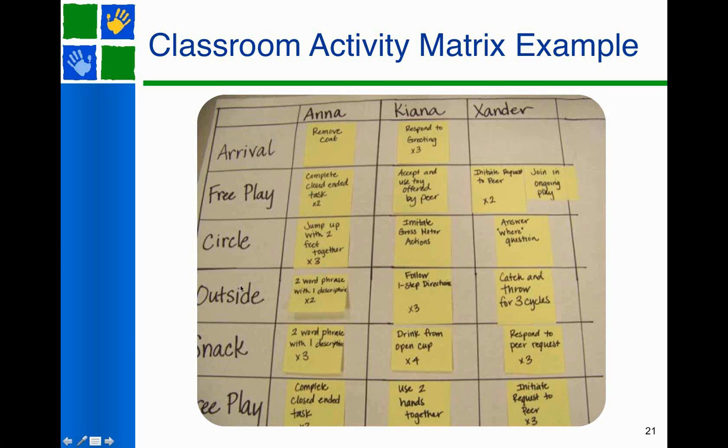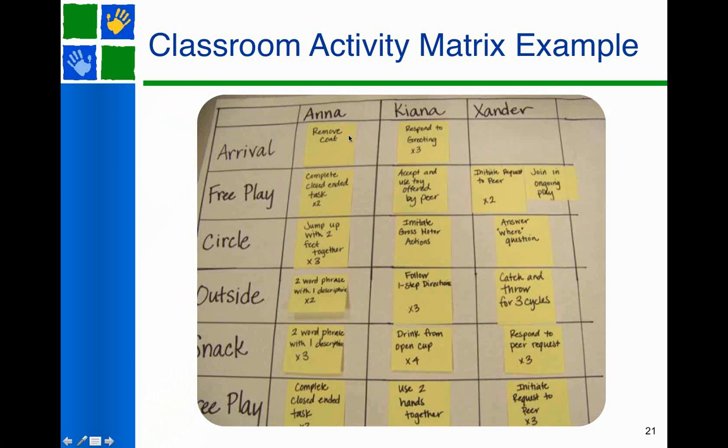So for Anna, for example, we see that on an outside play, she's working on using 2-word phrases, and one of those words in the phrase should be a descriptive word. And she's going to be receiving 2 additional learning opportunities during outside play and 3 additional opportunities during snack.